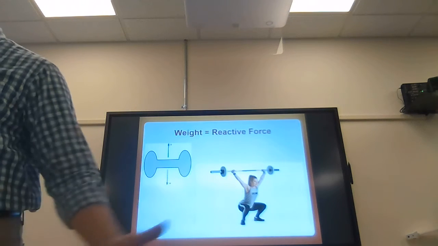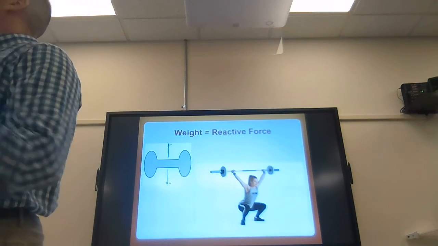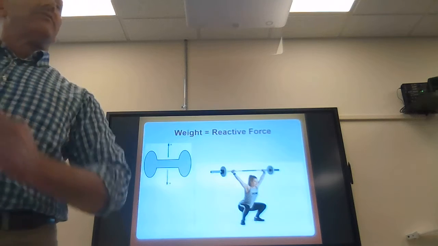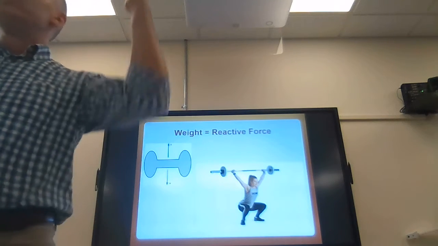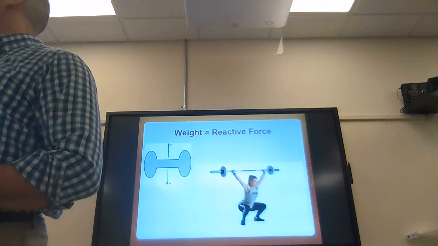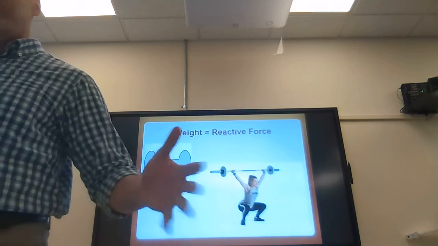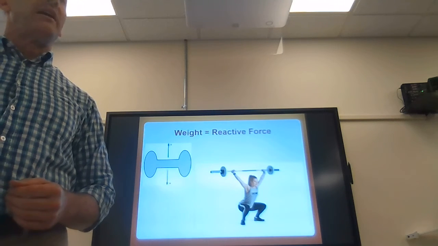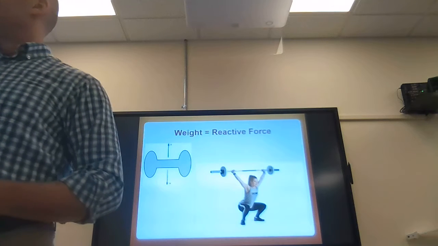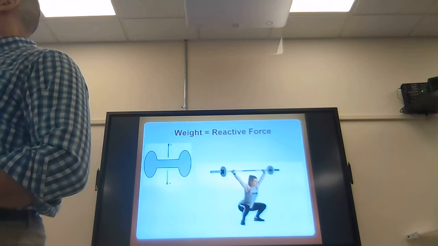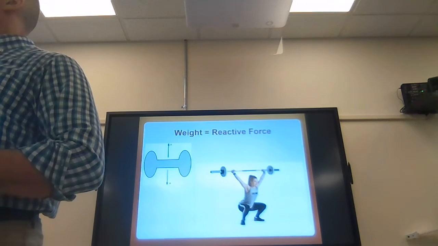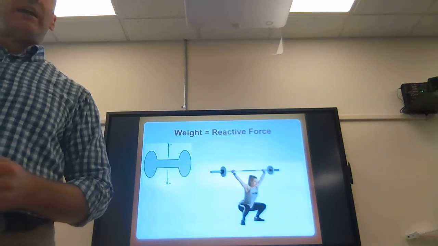You have this big weight on the ground, and you have to bring that weight in a fraction of a second from the ground over your head in the snatch. So the weight on the ground is at rest, and you have to apply a tremendous reactive force to get that weight to accelerate to a position where it comes to rest over your head.